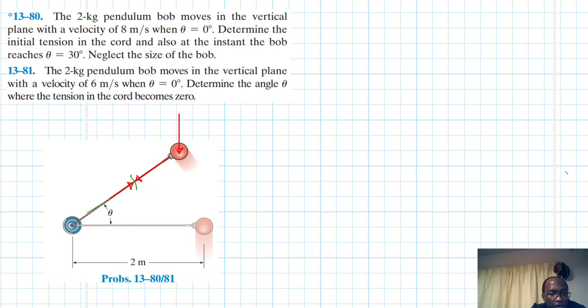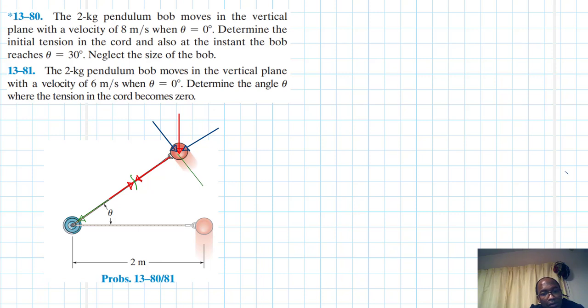Of course, this is another axis which we are going to call N. And then from this weight, we are going to have components. One component in this direction, like so. This is from the weight. We do have a component in this direction and another component in this direction. There we go.